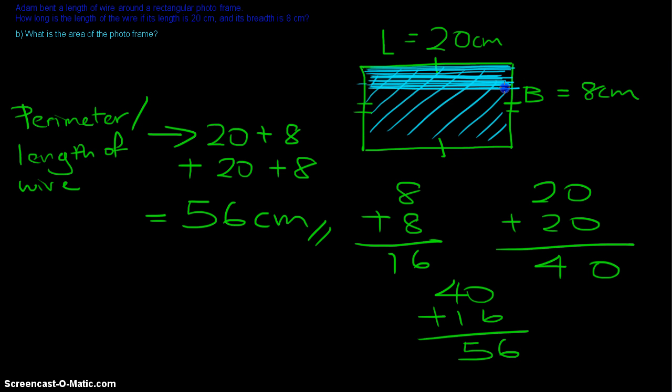My drawing isn't that accurate, but I think you get the point. You add 20 cm lengths until you fill up this whole photo frame. You keep filling it up until you fill the whole thing.